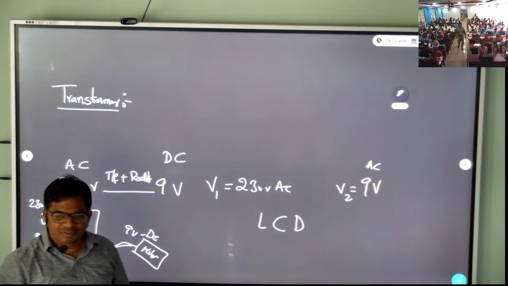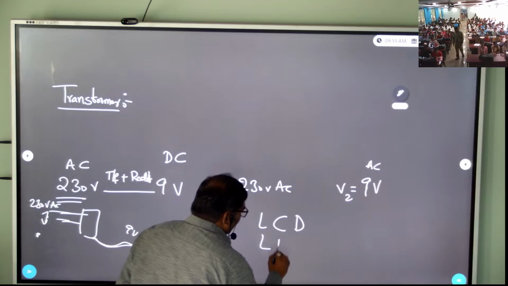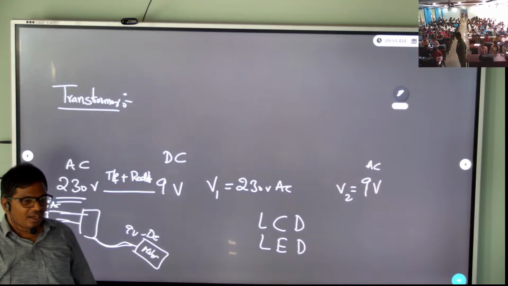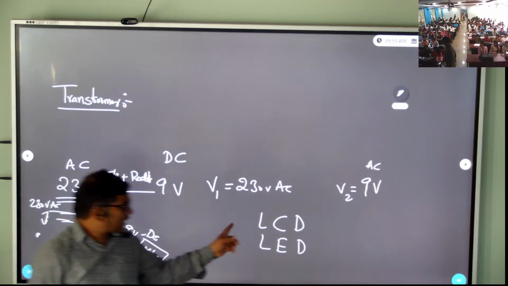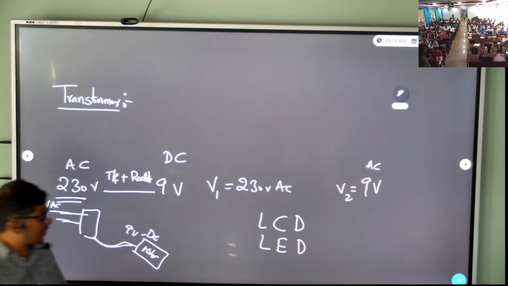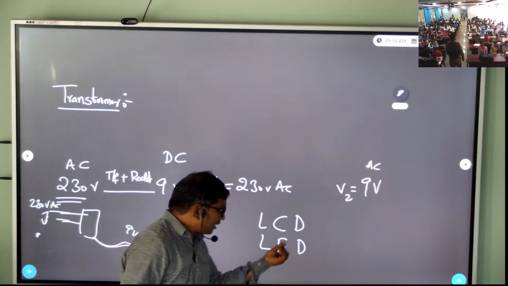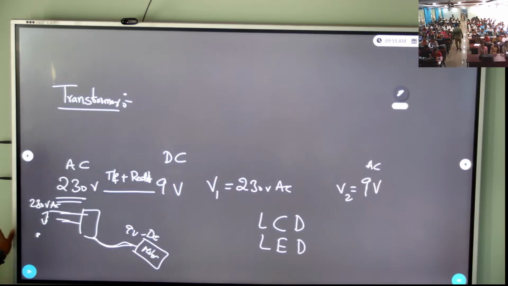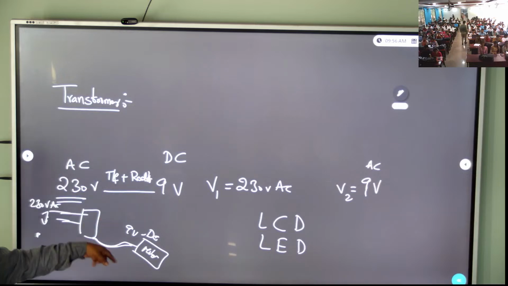The other one is LED. Which one you are having is up to you. You have to know. One is LCD, liquid crystal display. The other one is light emitting diode. So a better example is this one, the smart board.